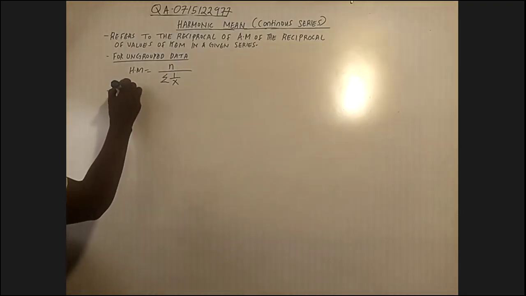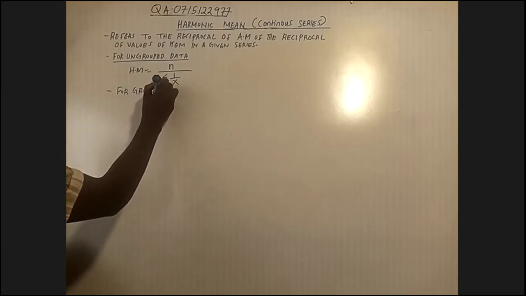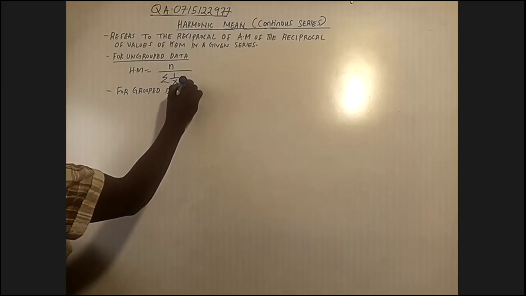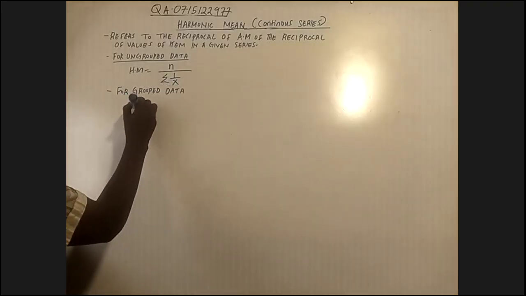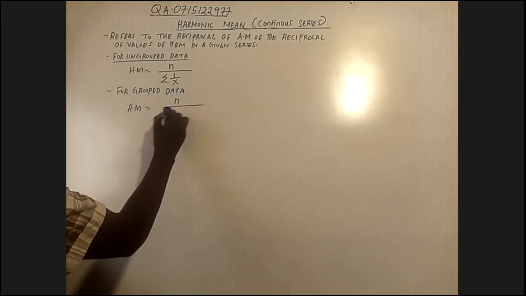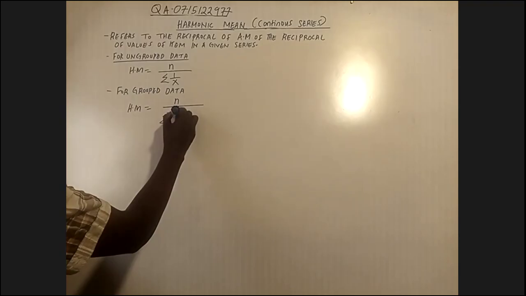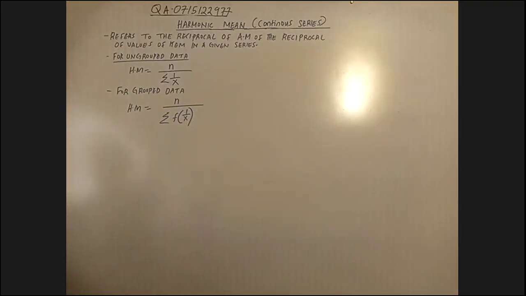For grouped data, harmonic mean is equal to n over summation of frequency multiplied by 1 over x.